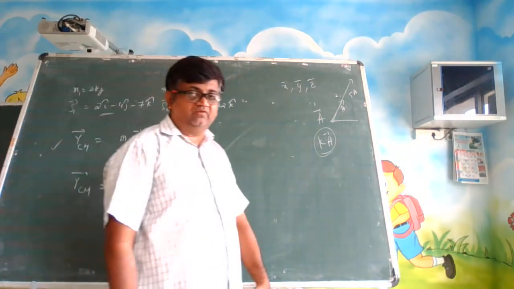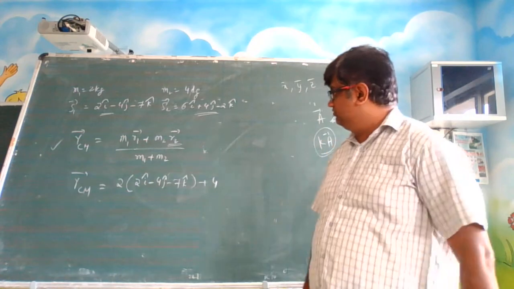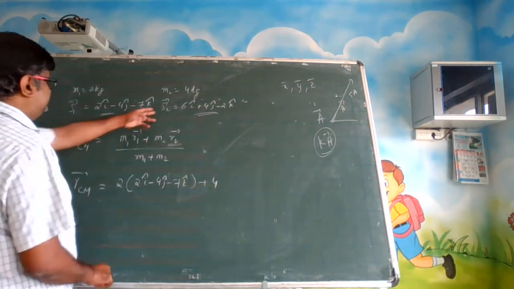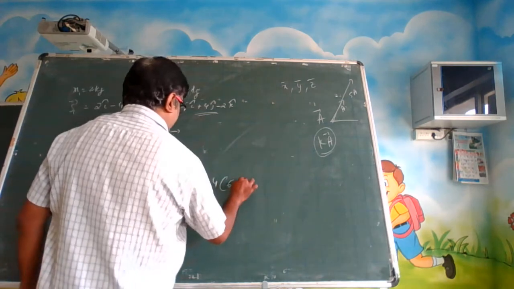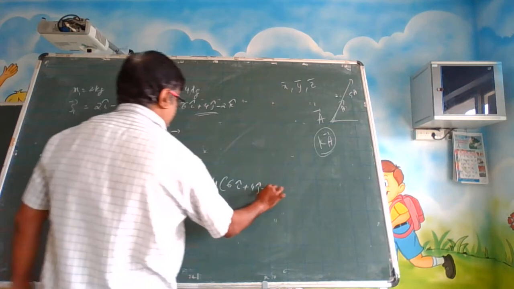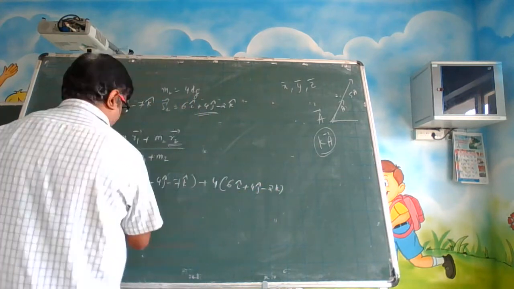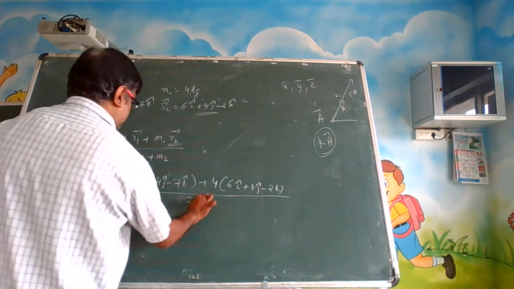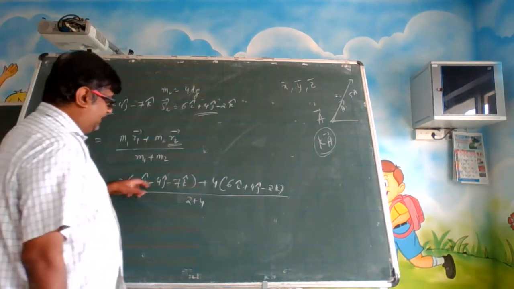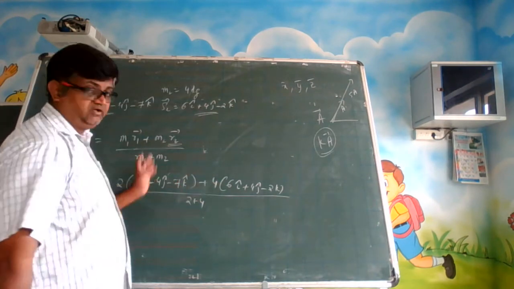There are no negative masses. So just multiply 4 into the second vector, 6i plus 4j minus 2k, divided by 2 plus 4. Same procedure. How to add vectors? I told you to add i to i, j to j and k to k.